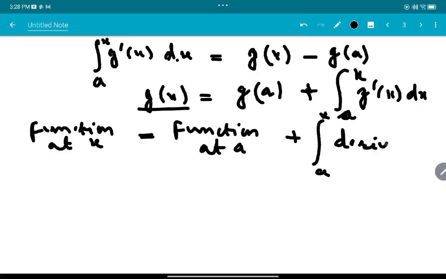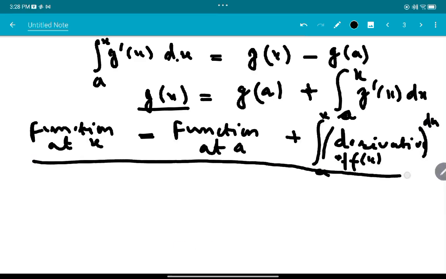Now we have the integral of the derivative of the function into dx. We shall remember this equation; let's call it equation first, and we will write it here. We will be using this equation repeatedly.